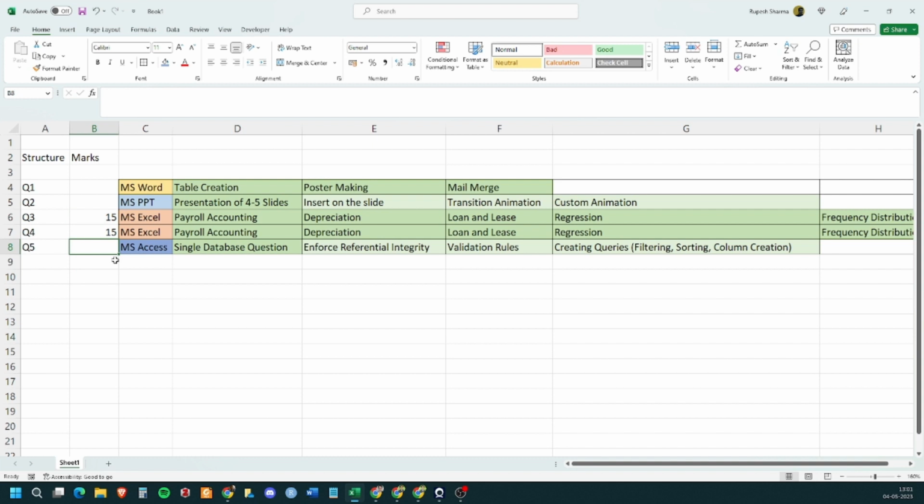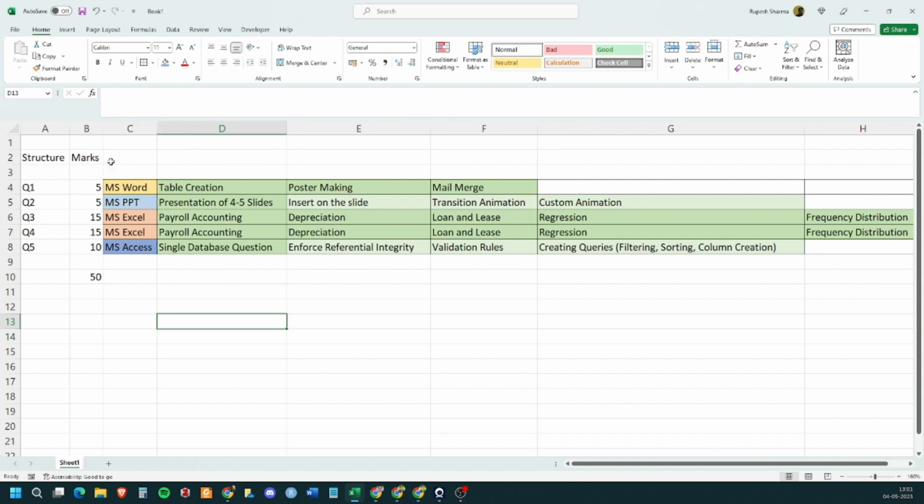They are the majority portion of your 50 mark paper. ठीक है. 50 नंबर के पेपर में 15-15 मार्क्स के जो हमारे एक्सेल के क्वेश्चन हैं, they become the primary thing. Then we have MS Access question for 10 marks, and we have MS Word and PowerPoint for 5 marks. So that gives us a total of 50.